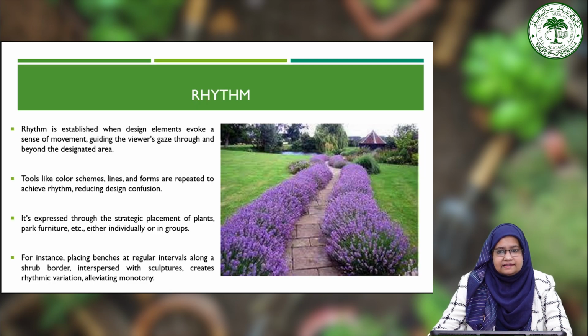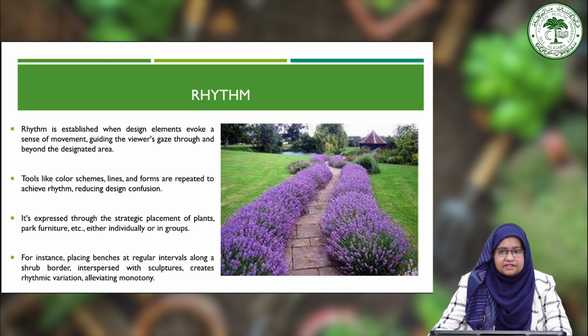The next principle is rhythm, which emerges as design elements prompt a sense of motion, directing the viewer's attention within and beyond the designated space. Consistent repetition of color schemes, lines and form reduces visual clutter and fosters rhythm.